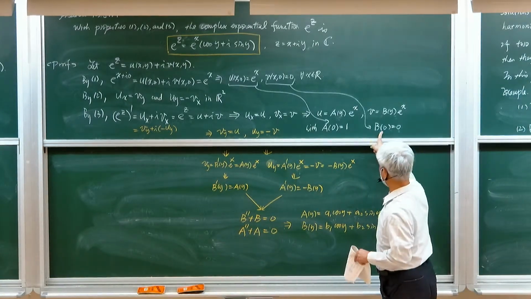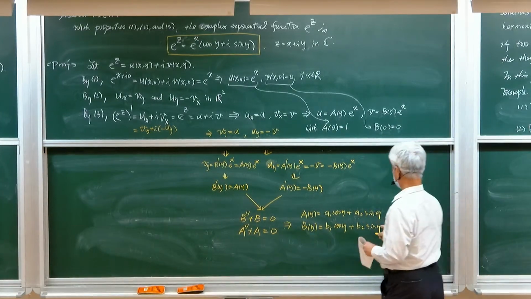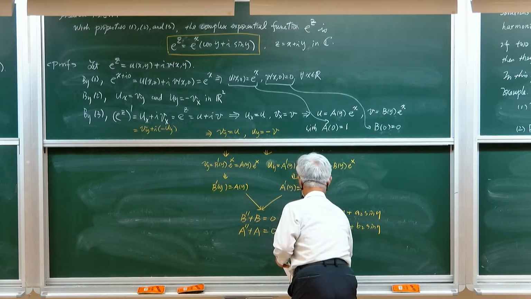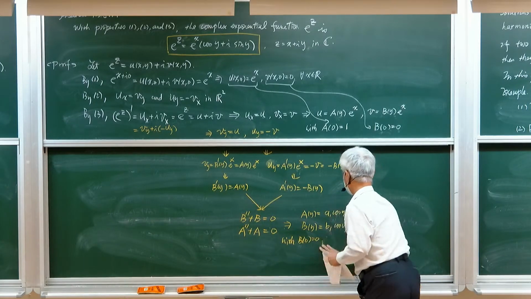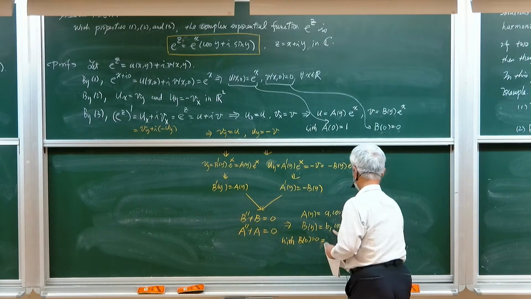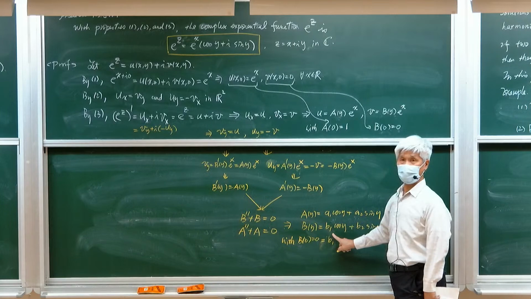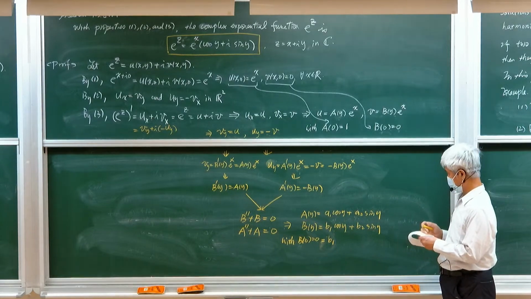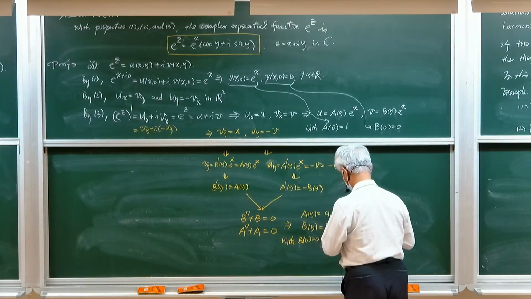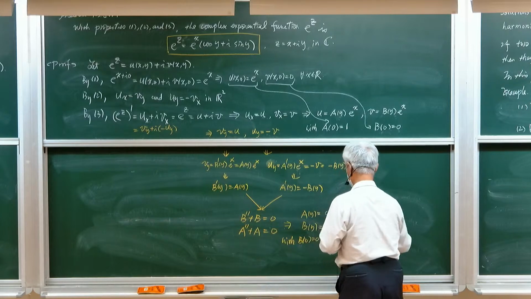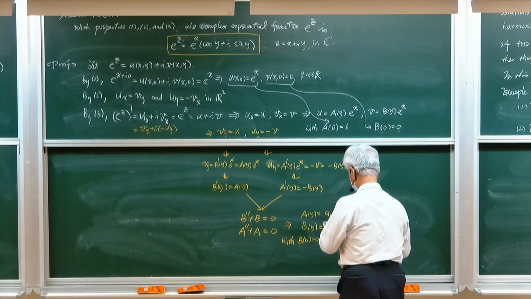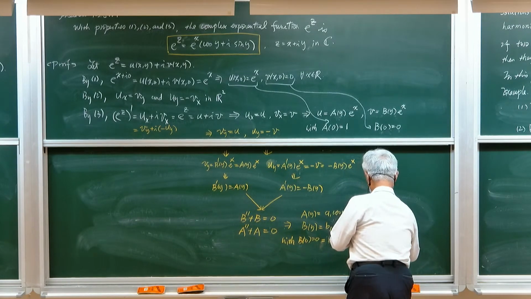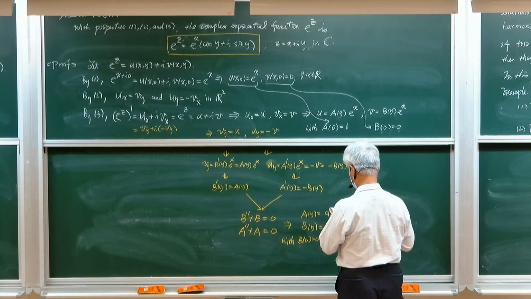Now we apply special cases here. B(0) is 0, so B(0) gives us B1 is 0. This implies that B(y) is equal to B2 sine y.